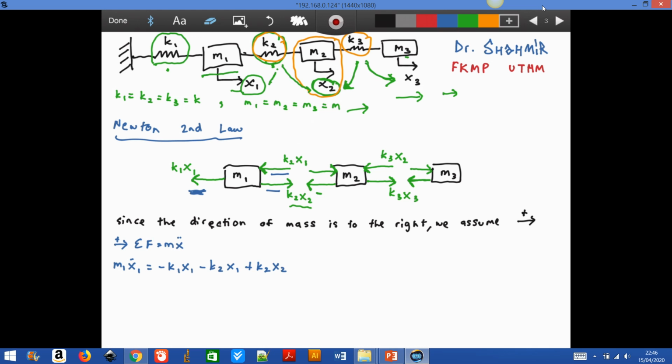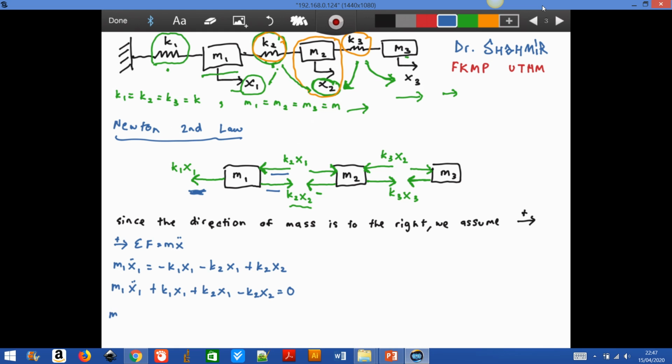Okay, so we bring everything to the left. m1 x double dot 1 plus k1 x1 plus k2 x1 minus k2 x2 equals 0.